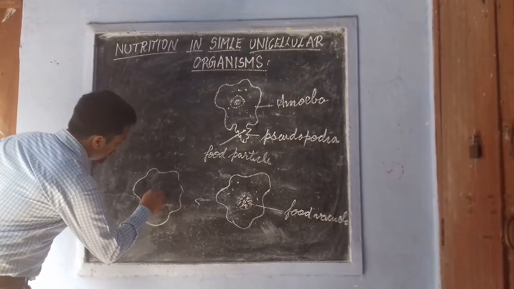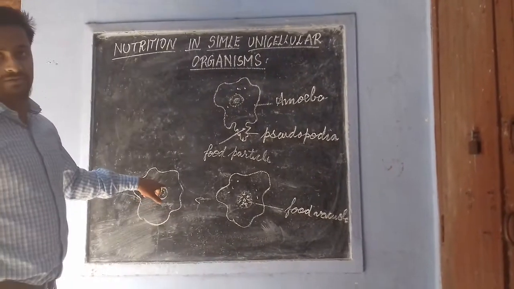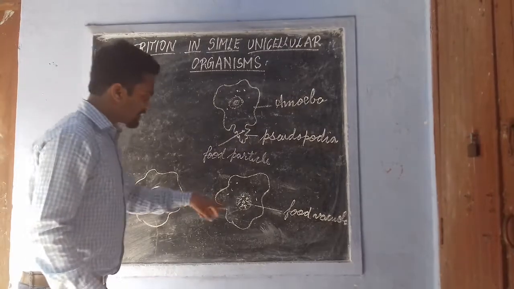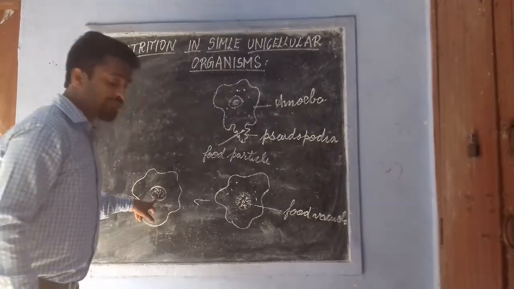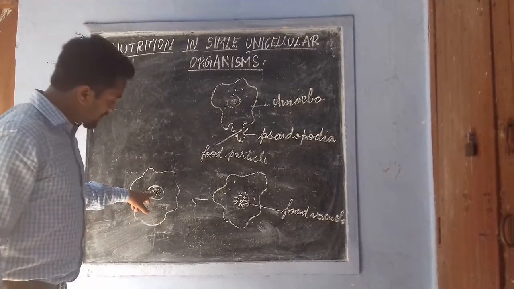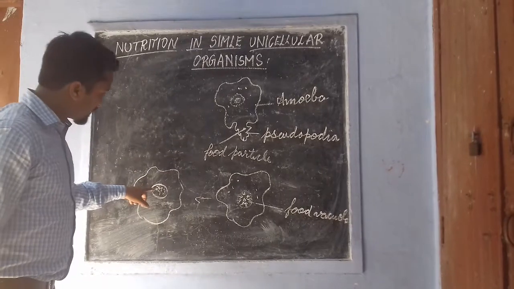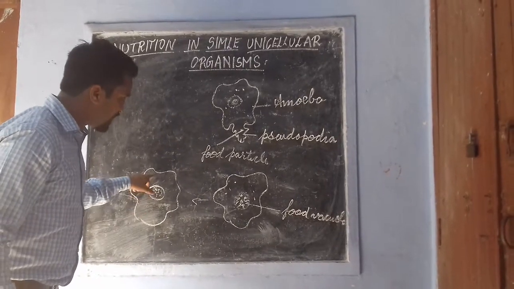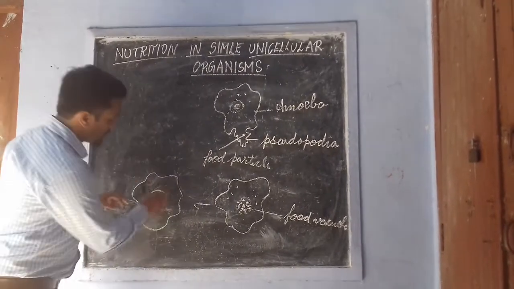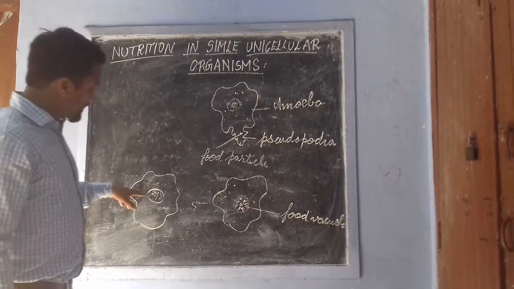This food particle gets digested. The digested food is absorbed directly by this amoebic cell, by the cytoplasm of this amoebic cell.